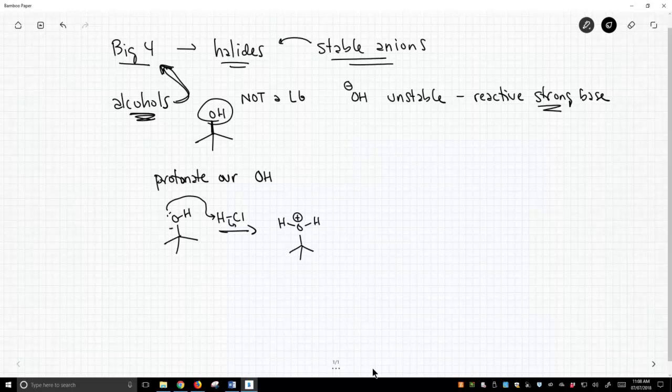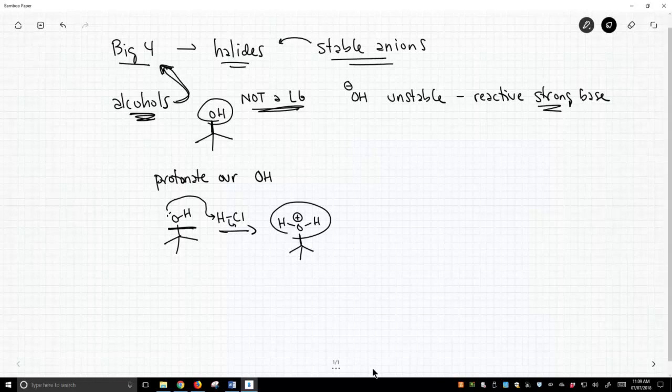So now what we've done is we've gone from having an OH on the side of our molecule, which is a terrible leaving group, to having basically water. And when you see atoms that have a positive charge, this atom is telling you, I've got a positive charge, I want electrons.